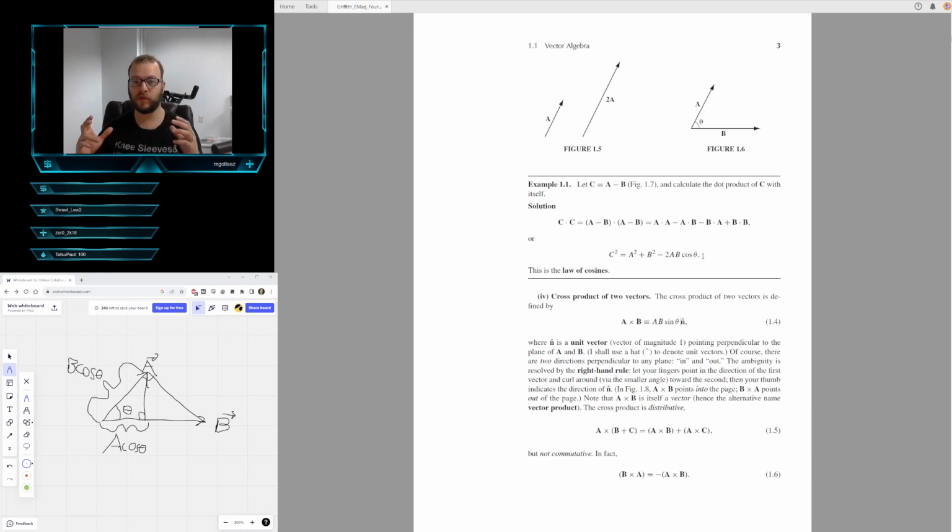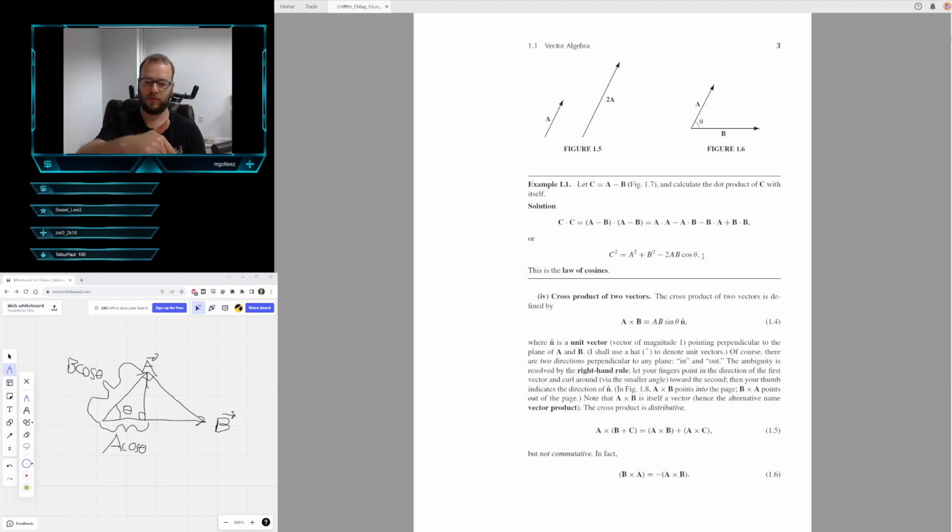We use what is known as the right-hand rule. If you define two vectors pointing in two directions with your right hand, vector 1, vector 2, your thumb will be pointing in the direction perpendicular to 1 and 2.